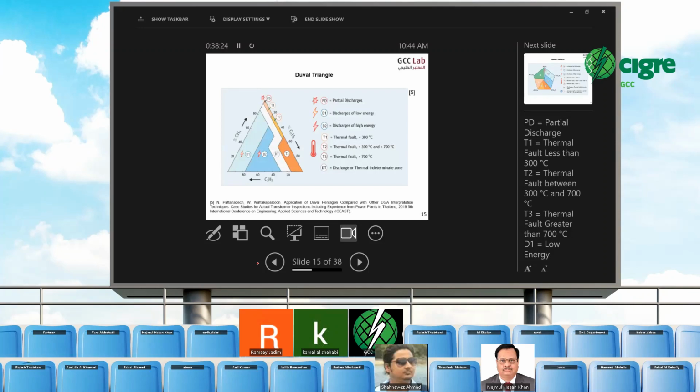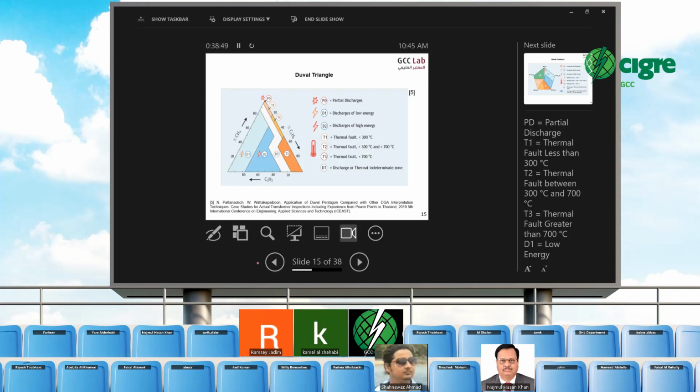Usually for myself, or some team here, we try to use our knowledge and experience. And then after that, we go to the diagnostic methods, like the Duval triangle, or there is also a 3 ratio and a 4 ratio method, there are many methods.